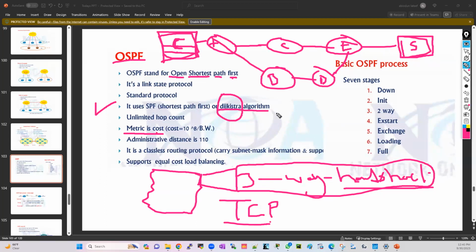So now, if I may ask, if this client wants to send a packet or retrieve a packet from the server, I need somebody to tell us which path will be the best path based on the diagram. Is it from A, C, E to S, or from A, B, D, E to S?